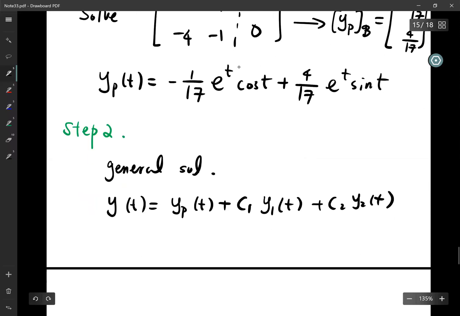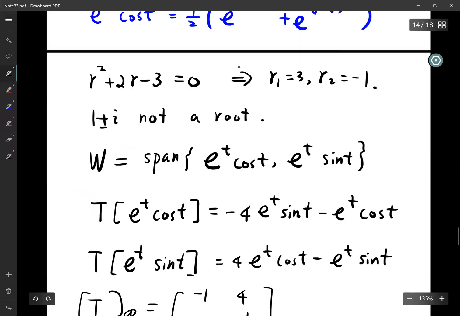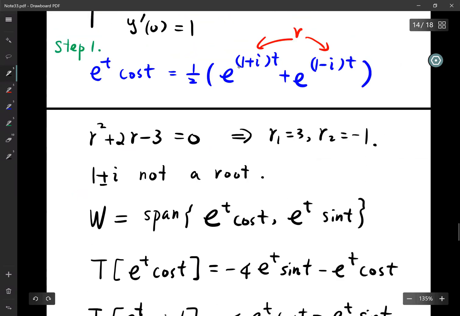This step always looks like this, and we can just write y1(t) to be e^(3t), and y2(t) is exponential t. Did I make a mistake? Sorry, this is e^(-3t). This is plus sign, and this is +1.